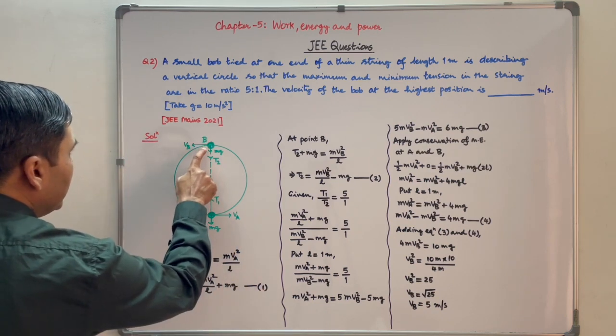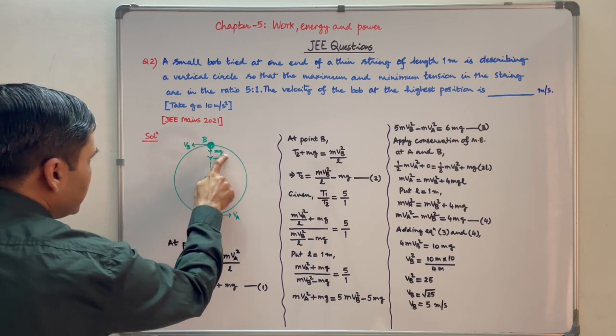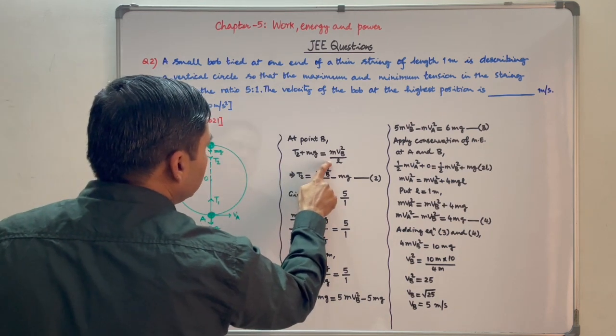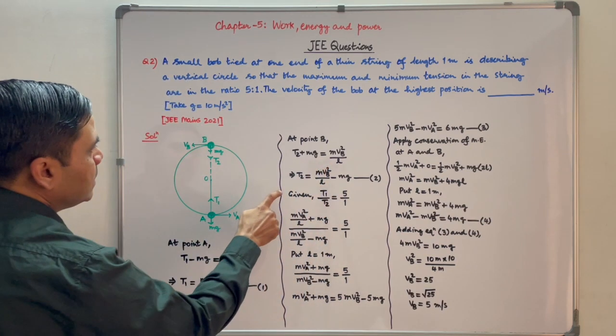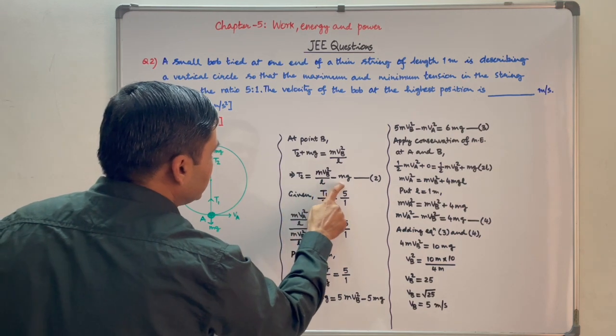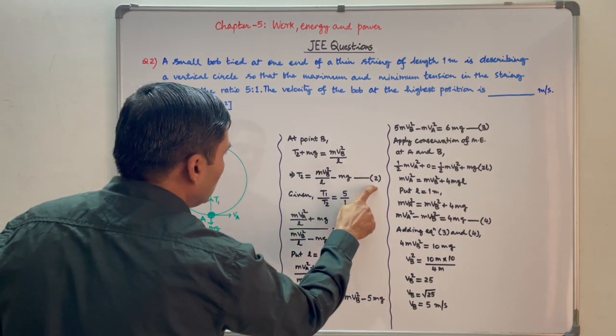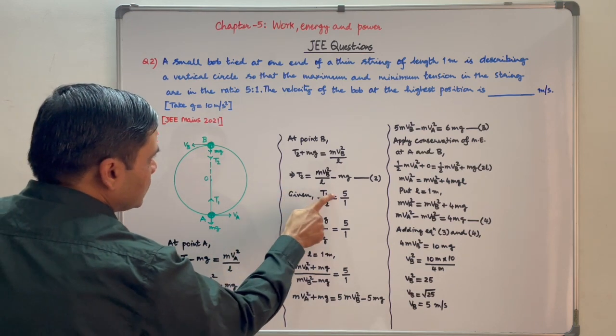At point B, net force towards the center is T2 plus mg and that will provide necessary centripetal force, that is mVB square upon L. That gives T2 is equal to mVB square upon L minus mg. Suppose this is equation number 2. Given that T1 by T2 is equal to 5:1.